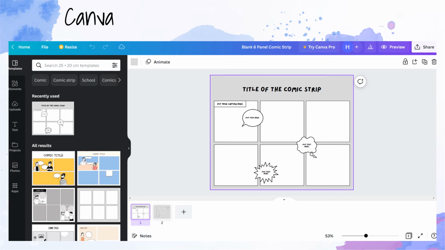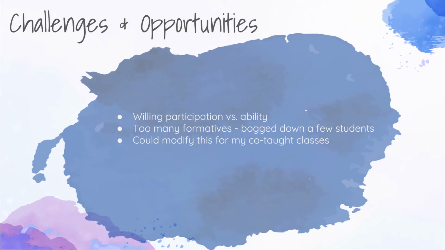Now, I did have to do a bit more modeling and scaffolding on Canva because they weren't exposed to it and haven't used it a lot this year, so I did have to guide them through this, but it was definitely worth it.